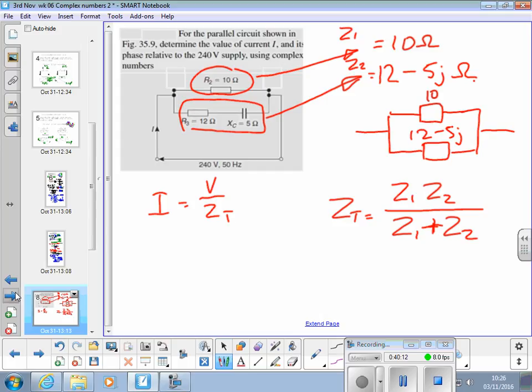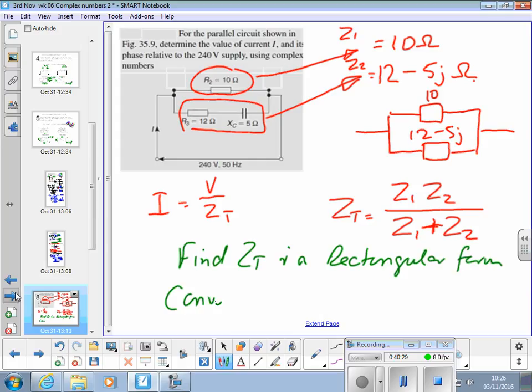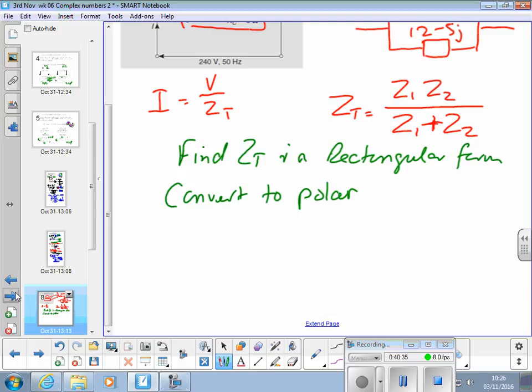This is your new plan of action: find ZT in rectangular form, convert to polar, use Ohm's law.